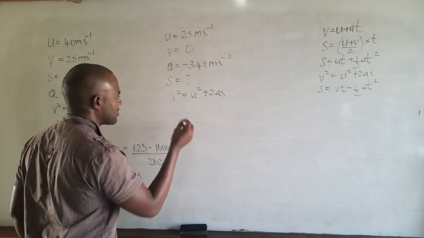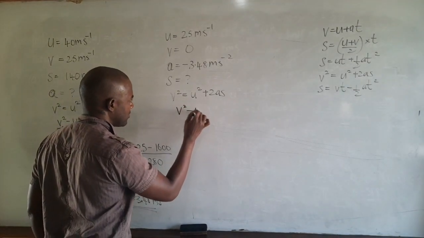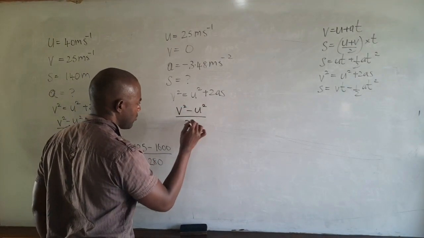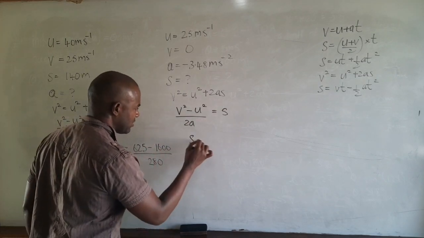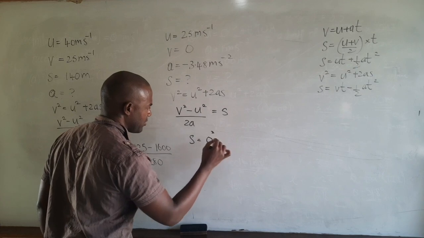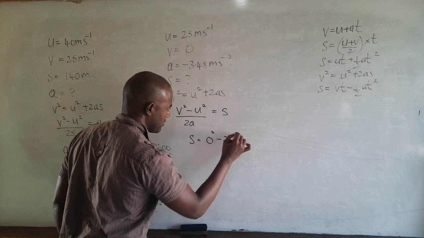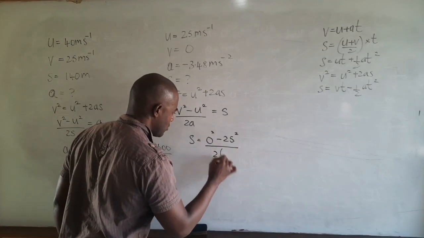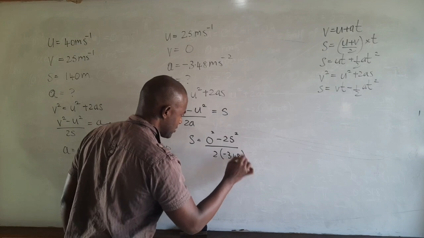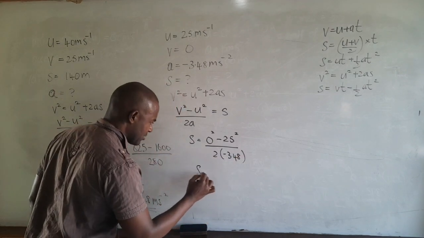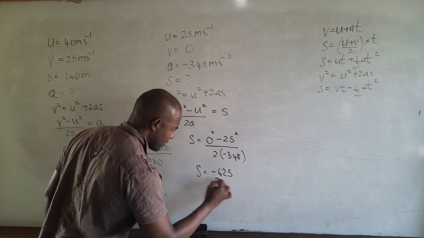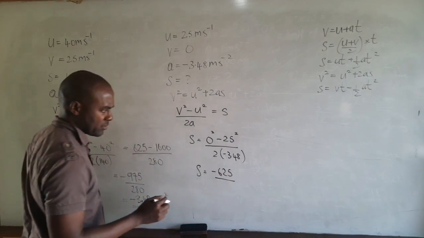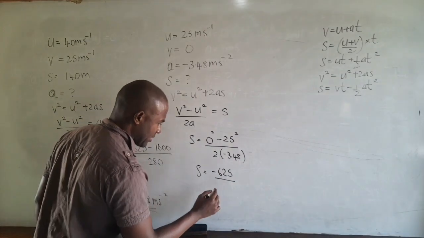And so we get that v squared minus u squared over 2a is equal to s. And so s is equal to 0 squared minus 25 squared over 2 times minus 3.48. And so s is equal to minus 625 divided by minus 6.96.